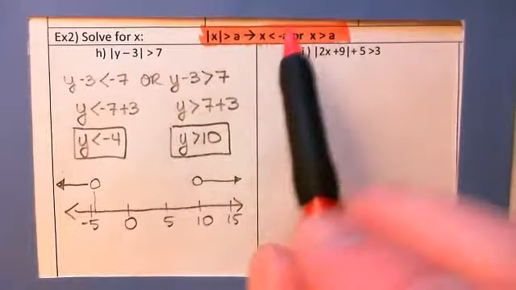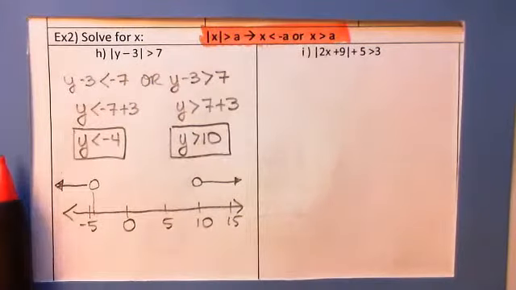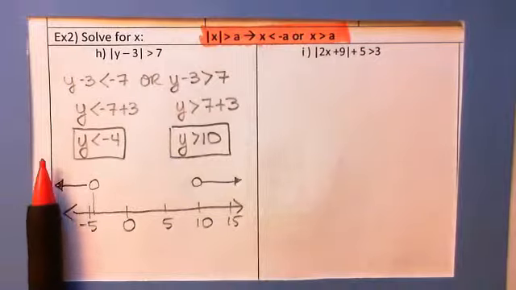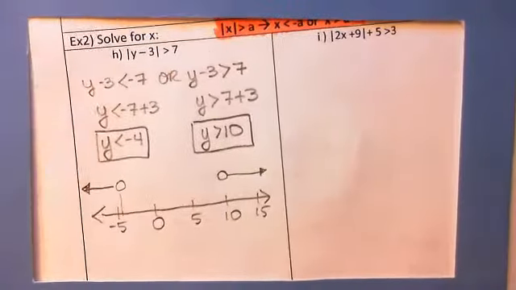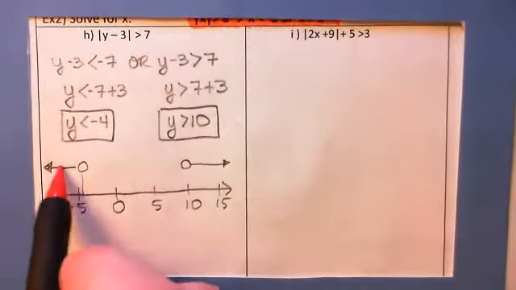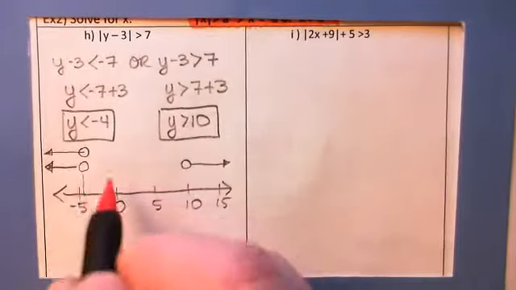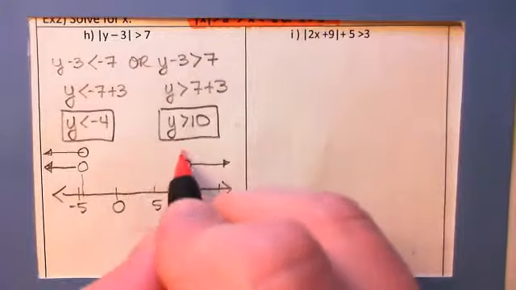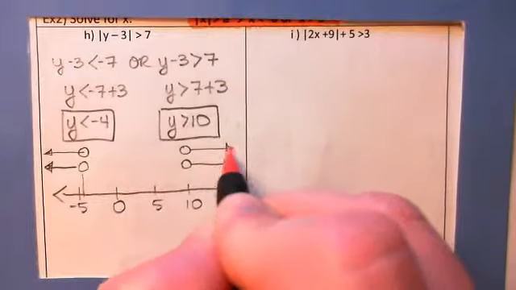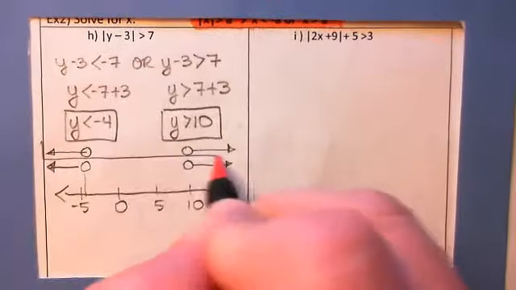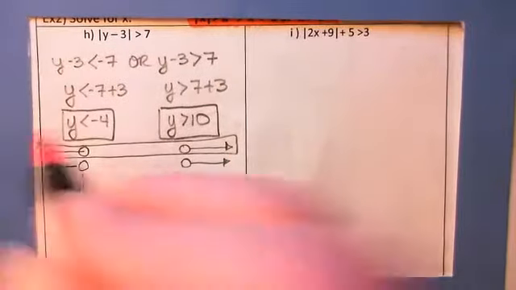And because this is an OR statement, that means my solution is going to include anything that I touch at least once. So if I move my pencil from left to right, I'm touching at least once this graph. Then I have a break, and all of a sudden I have this as part of my answer. So my answer is going to include these 2 lines.